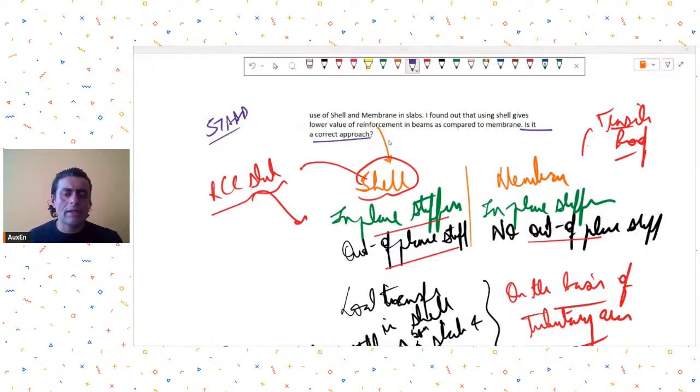That led to engineers using the membrane type of modeling, where they just used to transfer the slab load directly to beams. But now that the software has improved, especially ETABS, where you have good shell modeling options available, it is better to model slabs as shells rather than as membranes.